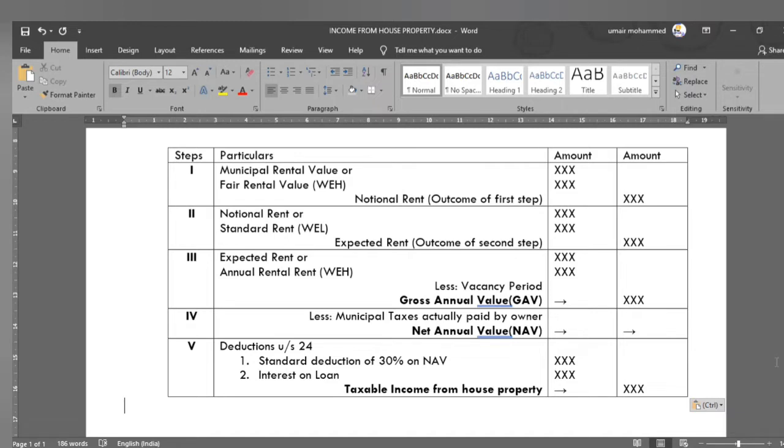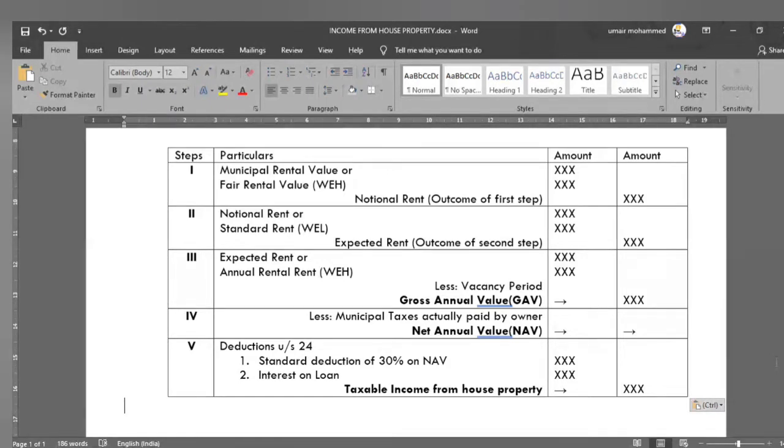The municipal corporation of a particular city or town does an annual survey, and in this survey they fix the rent of a particular property based on its dimension and its locality. So municipal authorities fix municipal rental value depending on where the property is situated and the dimension of the house, with the help of a survey.